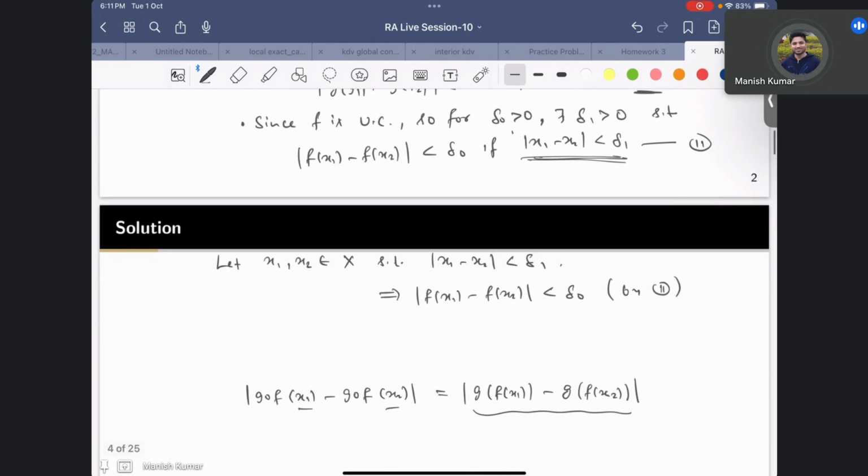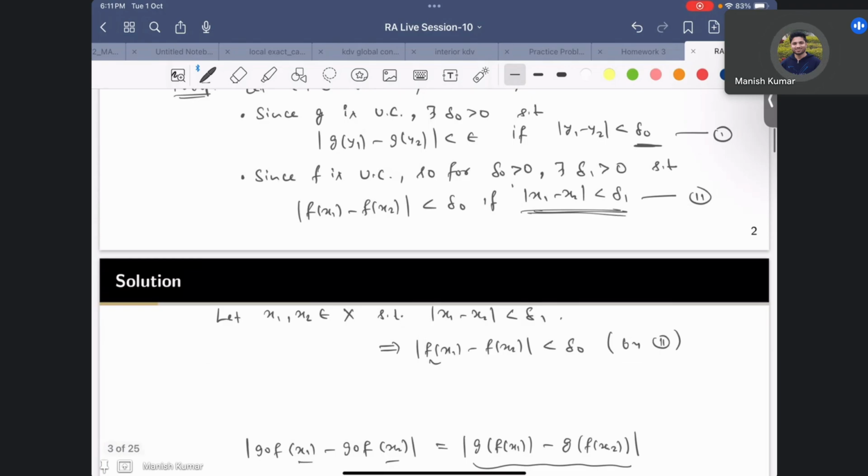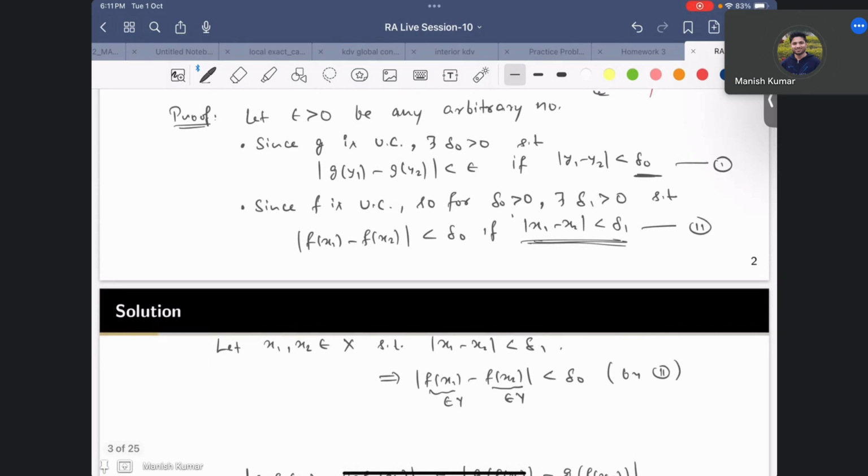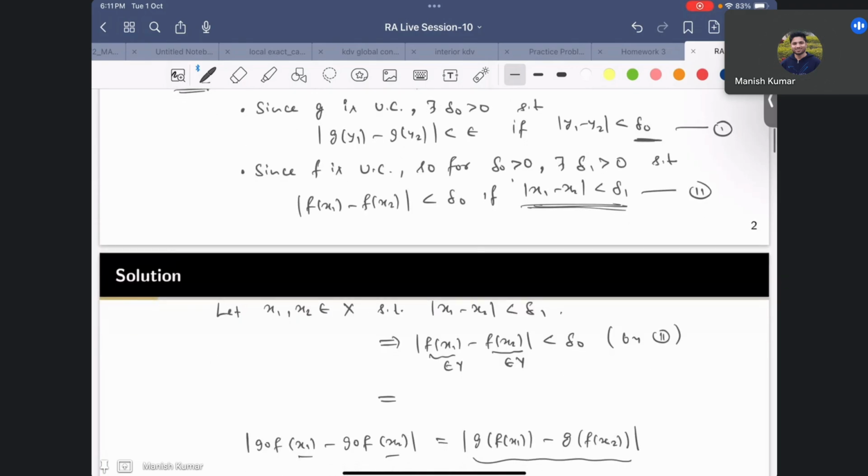And now since f(x1) and f(x2) are delta 0 close, and these are in Y, so this belongs to capital Y, this belongs to capital Y. Now I can use 1 to conclude. So this would imply that |g(f(x1)) − g(f(x2))| is less than epsilon, and this is by 1, right?